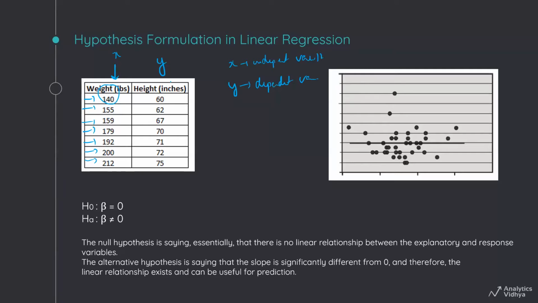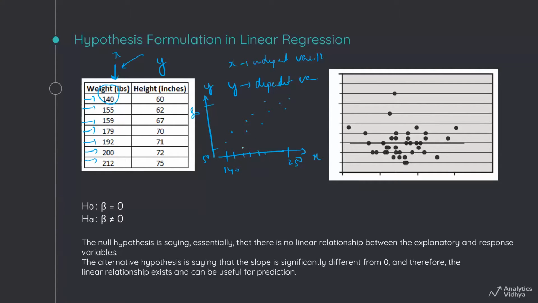So what am I trying to do here? I'm trying to predict the height when I only have weight at hand. If I plot weight, say from 140 to 250, on the x-axis, and I plot the height on the y-axis, somewhere around 50 to say 80, the data is something like this.